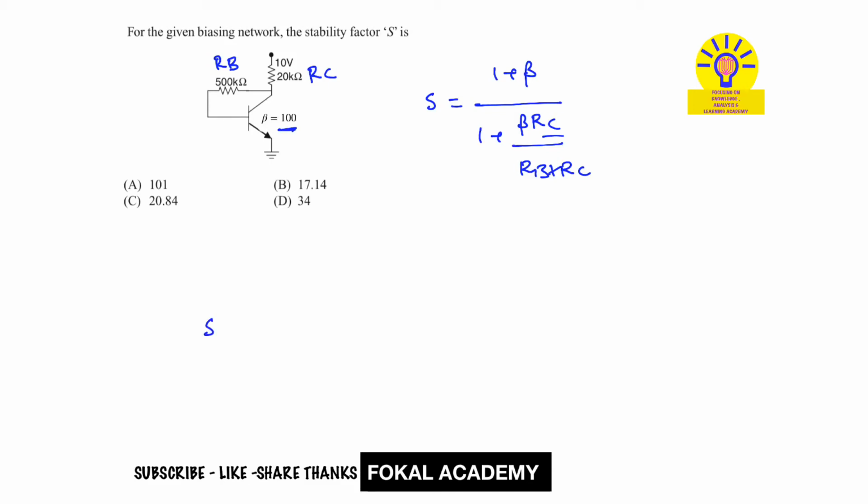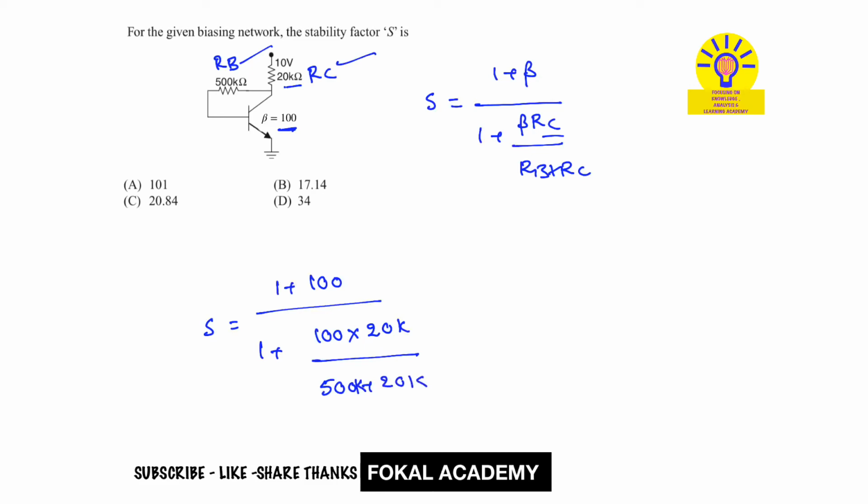Then we'll get S equals 1 plus 100 divided by 1 plus 100 into RC, that is 20 kilo ohms, 20k divided by RB plus RC, that is 500k plus 20k. So it gives 101 divided by 1 plus 2000k divided by 520k.